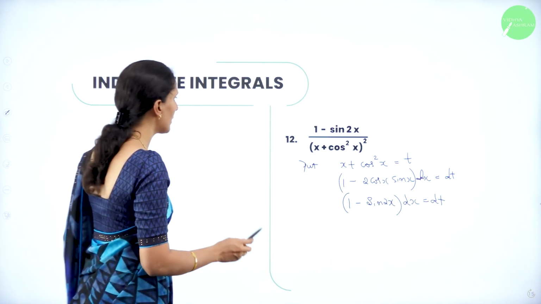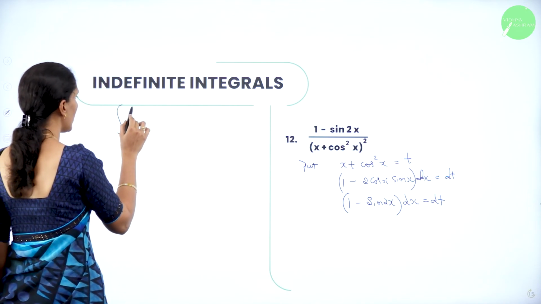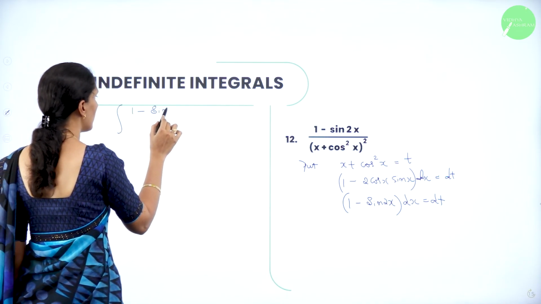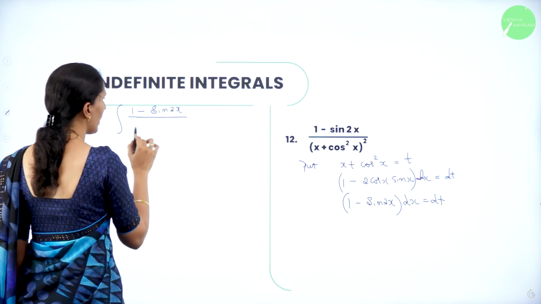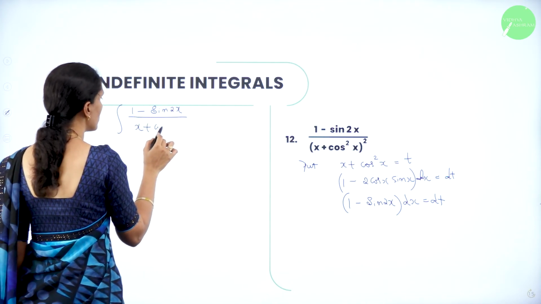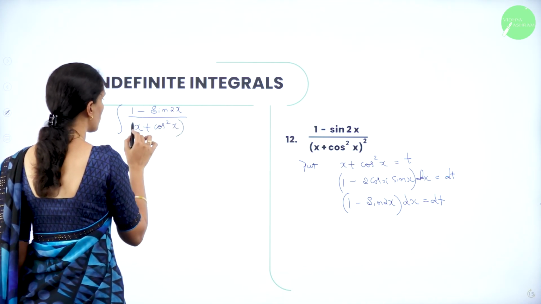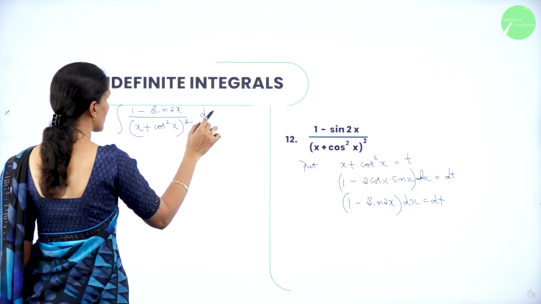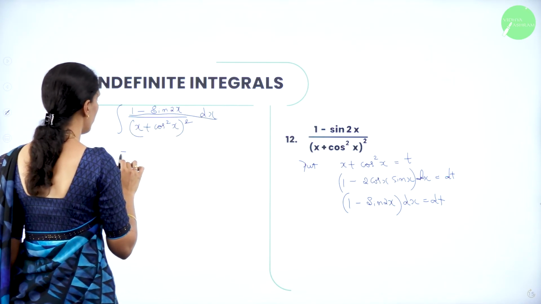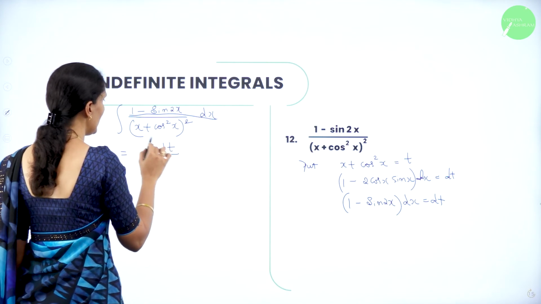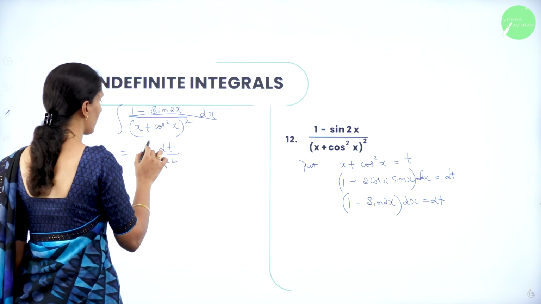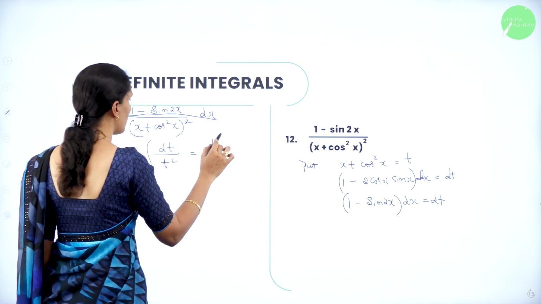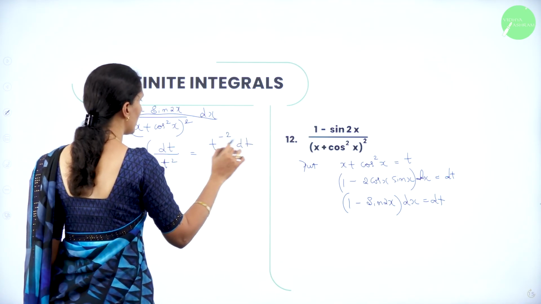Let us take the integral value of this: integration of 1 minus sin 2x divided by x plus cos square x whole square into dx. So replace the numerator with dt and the denominator with t square, which becomes t to the power minus 2 into dt.